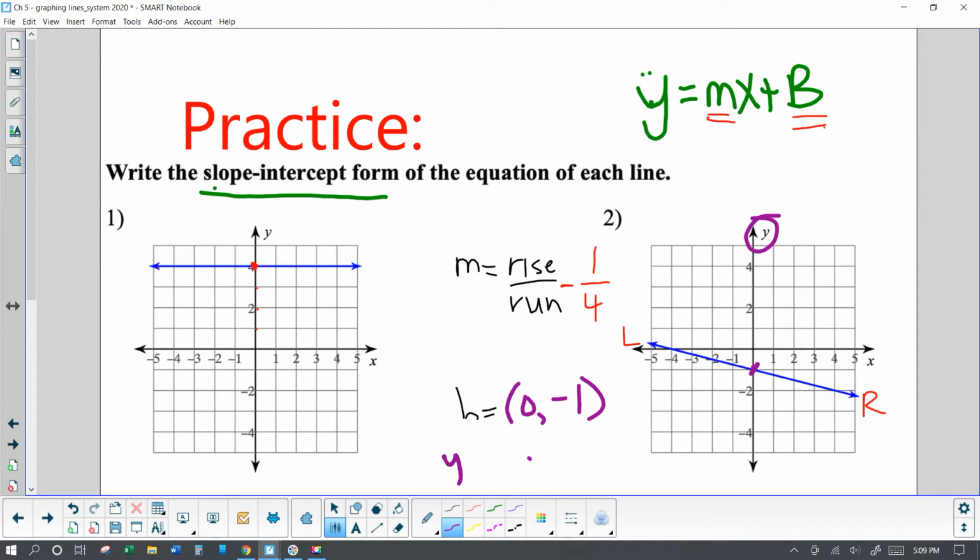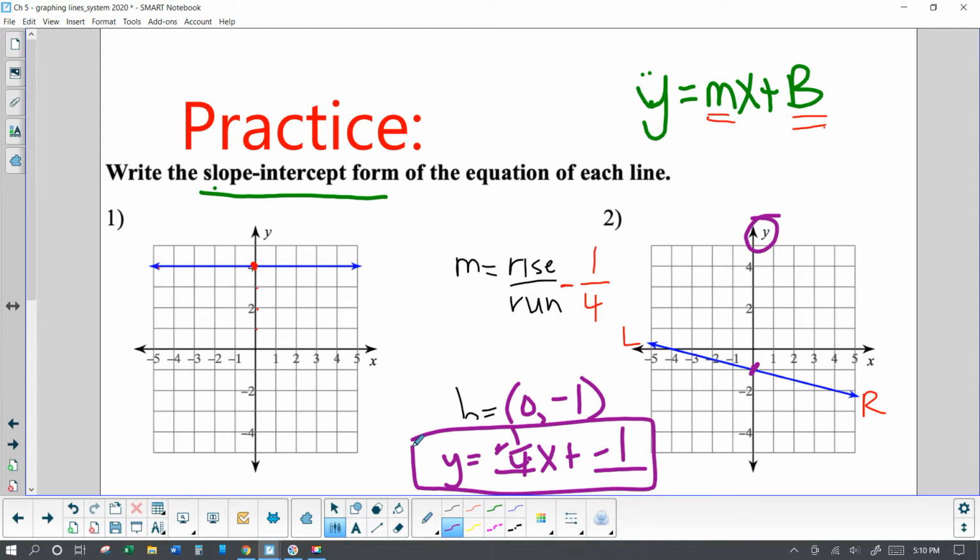Just write y equals blank x plus blank, and then fill in your slope here, -1/4. Fill in your y-intercept here, -1. So either one of those ways, we should be kind of getting used to now that this is our slope, this is our y-intercept, and just putting those numbers into the equation where they belong.